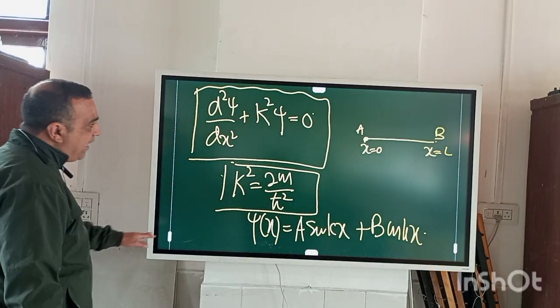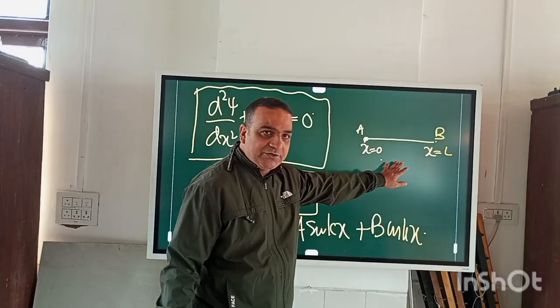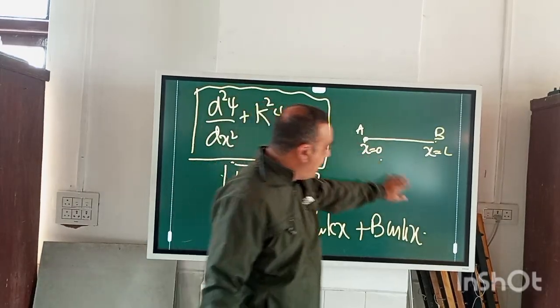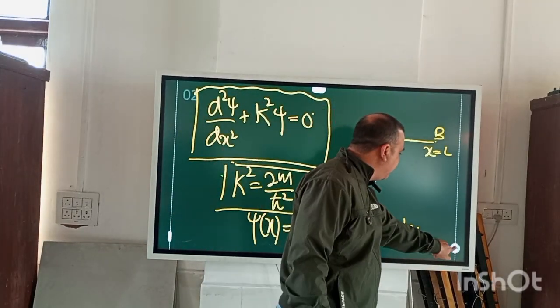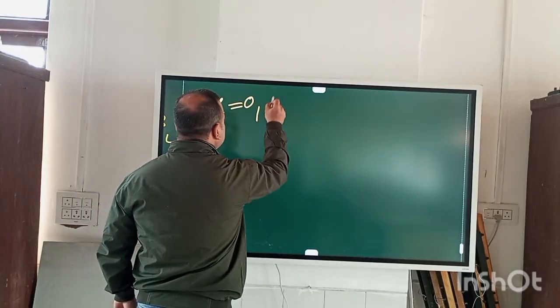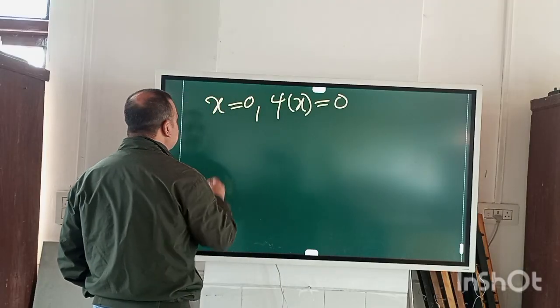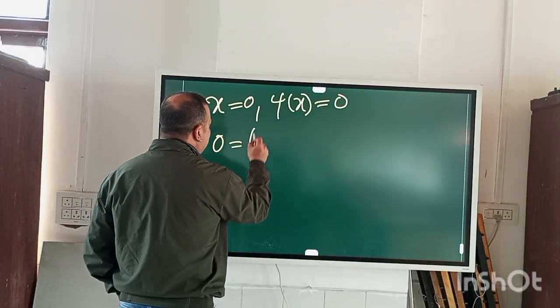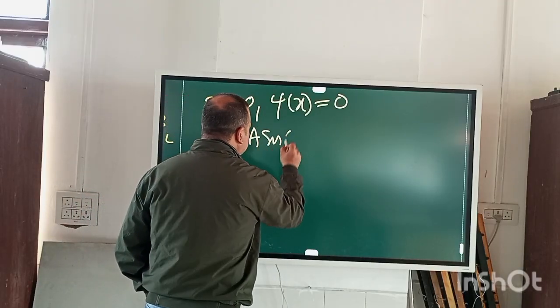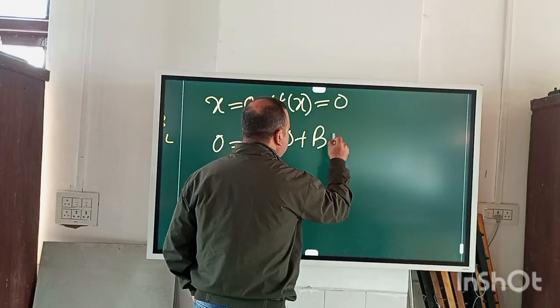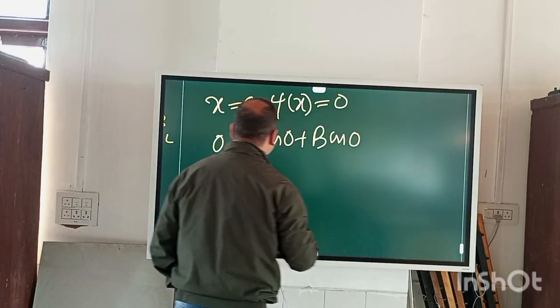And we can proceed from here. We can use the boundary conditions to our problem. The first boundary condition will be at x equal to 0, psi of x will be 0. So if this is the case, then 0 will be a sine 0 plus b cos 0.